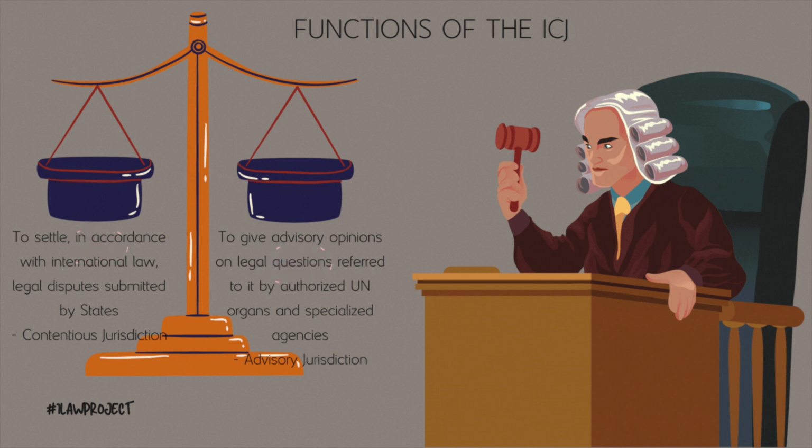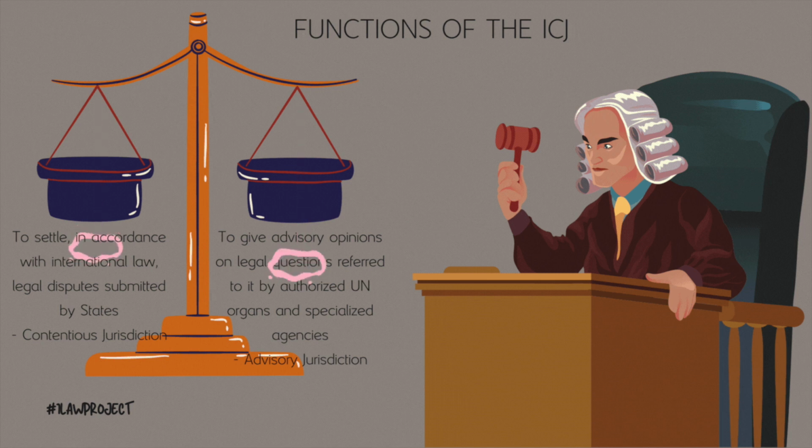By inference, therefore, all member states of the United Nations can appear before the ICJ, instituting and defending actions before the court. In this jurisdiction, therefore, the ICJ can issue orders and judgments on contentious issues between state parties before it that bind the disputing parties.